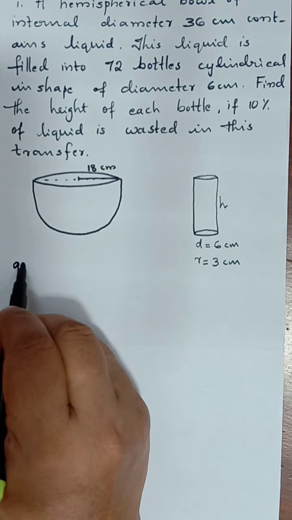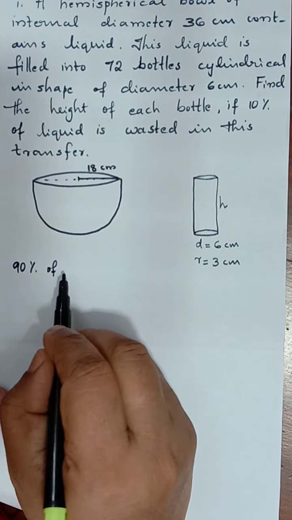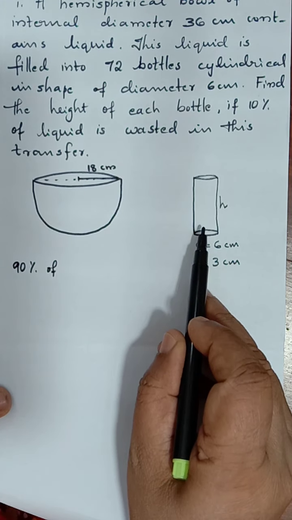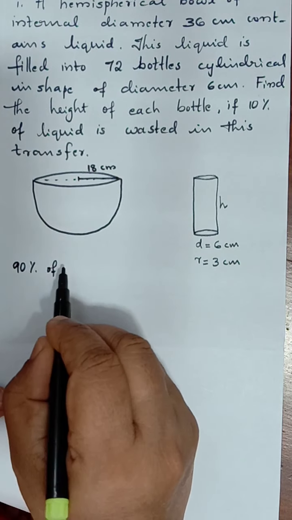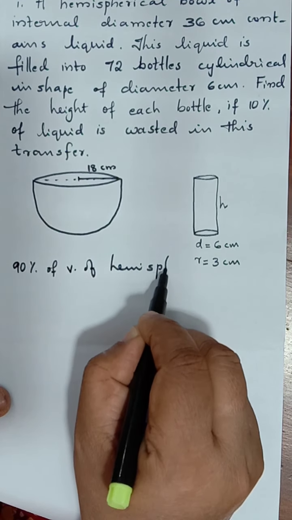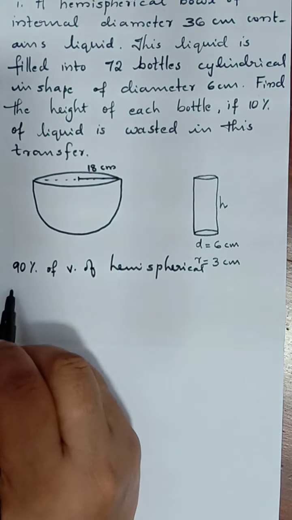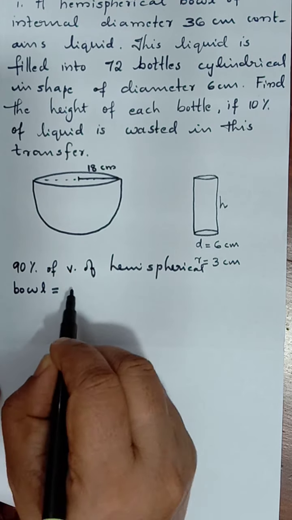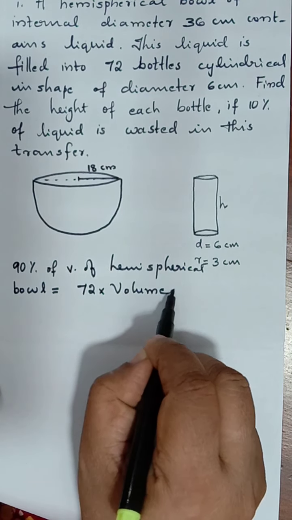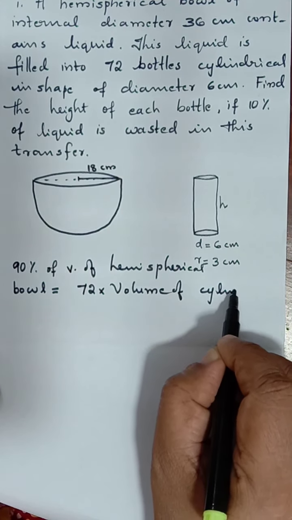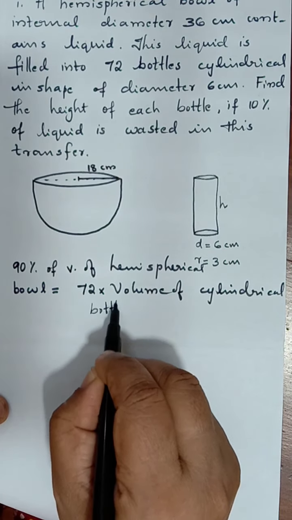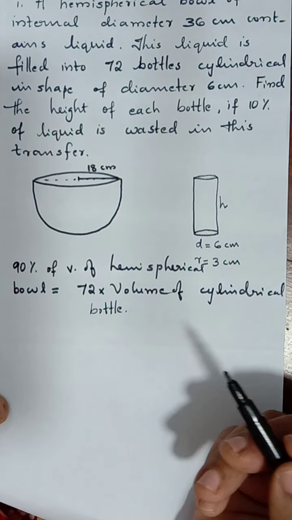Therefore, 90% of volume of hemispherical bowl is equal to volume of 72 bottles, 72 into volume of cylindrical bottle. Or it is same as volume of 72 cylindrical bottles.